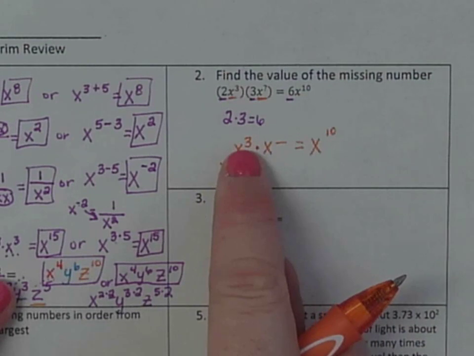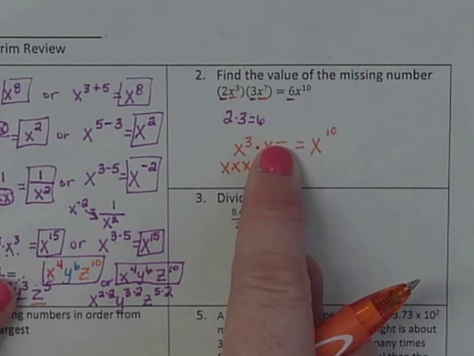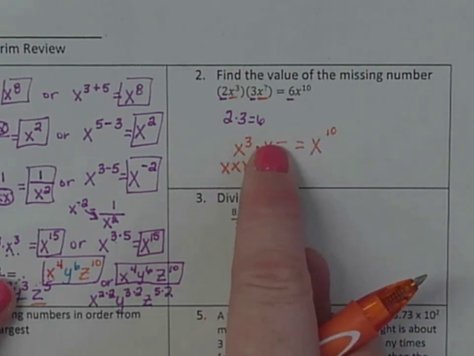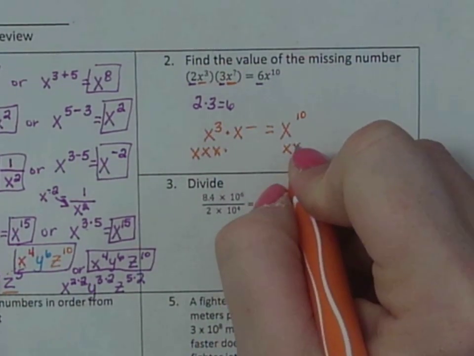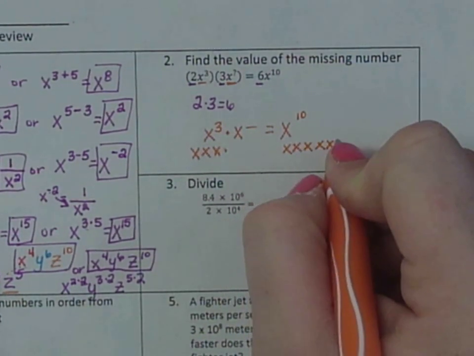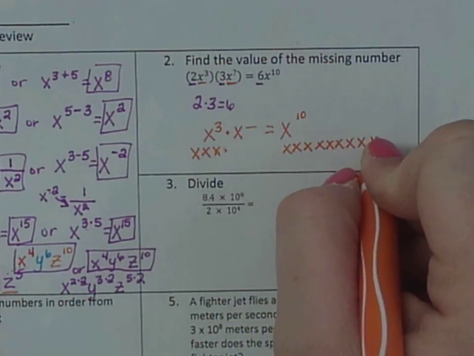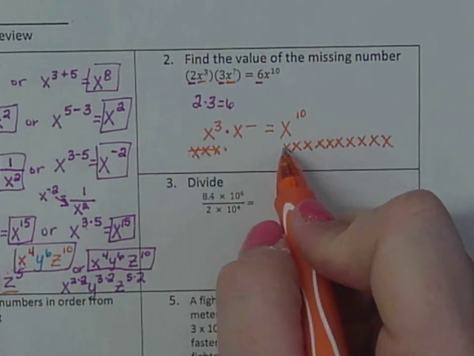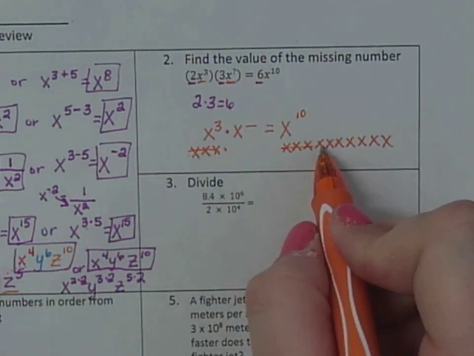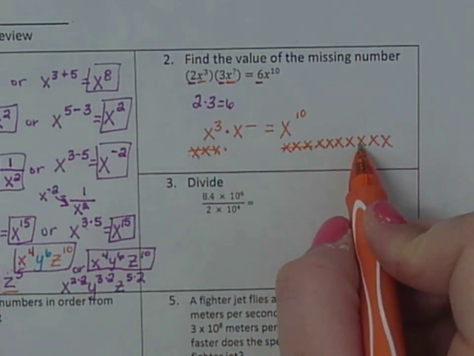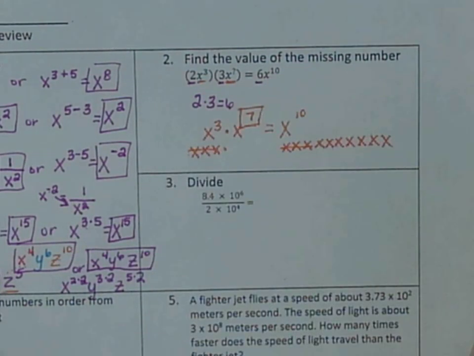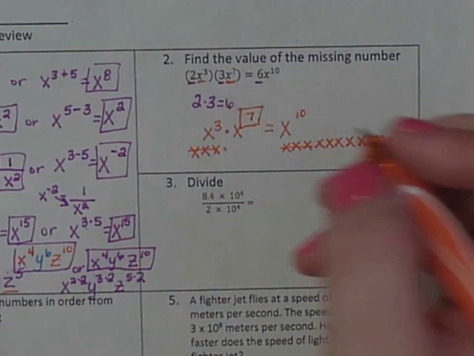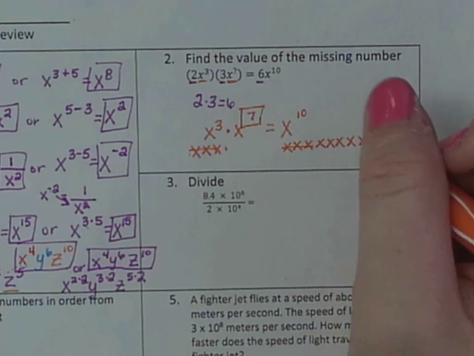So we need something plus that, or 3 plus something has to equal 10. So 1, 2, 3, 4, 5, 6, 7, 8, 9, 10. If I take off those 3 and those 3, I know it's 1, 2, 3, 4, 5, 6, 7. So the answer right there would have to be 7. 3 plus 7 gives us 10.